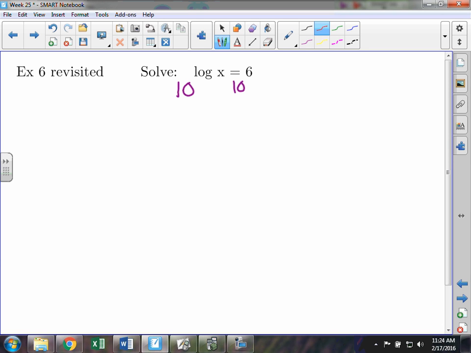Exponents and logs are inverses. They cancel each other out. And we're left with x equals 10 to the 6th. Of course, that looks familiar. Once again, we would get x is equal to 1 million. Two different ways of solving it. Both of them are absolutely correct.